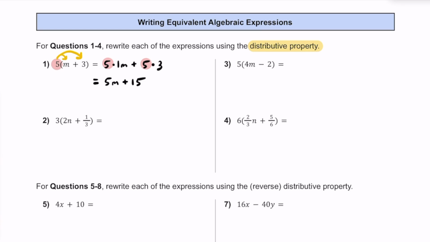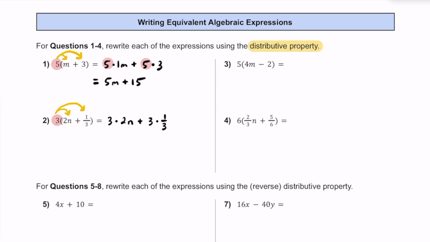All right, let's check out number 2. For number 2, we have this 3 on the outside. Let's distribute this to both terms on the inside here. So first, we're going to take this 3 and multiply it by the 2n. So it's going to be 3 multiplied by 2n plus. We're going to take this 3 and distribute it also. There's 3 of those 2n's, but there's also 3 of these 1/3. So it's going to be 3 multiplied by 1/3.